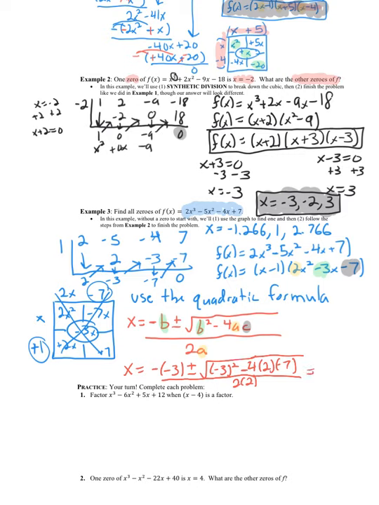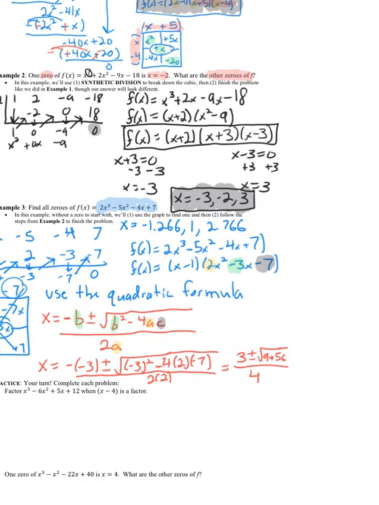All right, so I end up getting something that looks like 3 plus or minus square root of 9 plus 56 over 4. So if I were to simplify this equation, I get x equals 3 plus or minus square root of 65 over 4. That seems to be kind of as far as I can go with that.